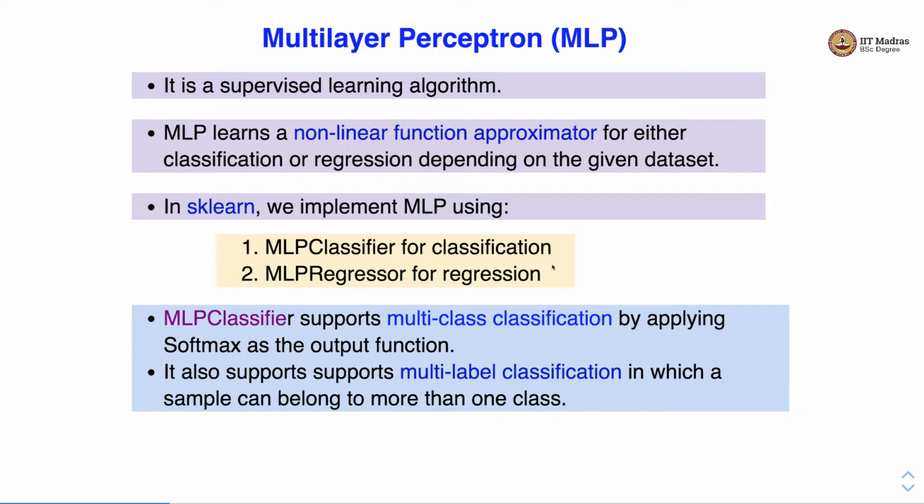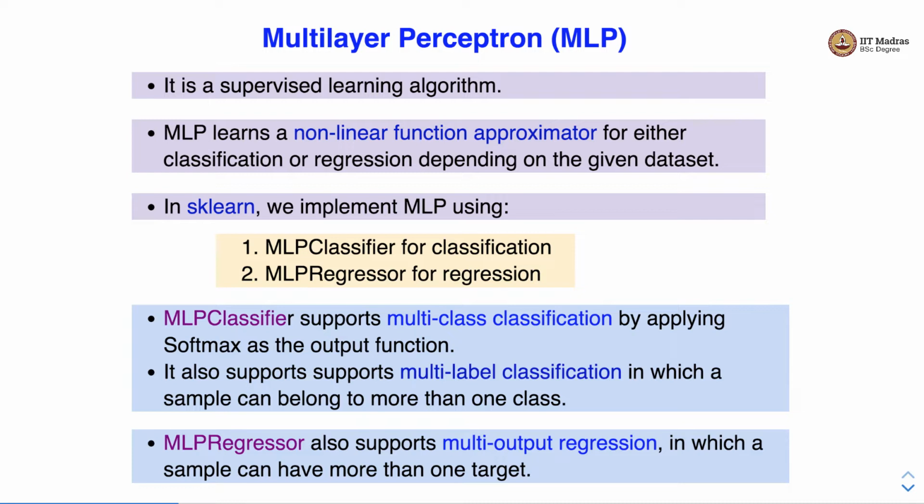MLP classifier supports multi-class classification by applying softmax as the activation in the output layer. It also supports multi-label classification in which a sample can belong to more than one class. MLP regressor also supports multi-output regression in which a sample can have more than one target values.